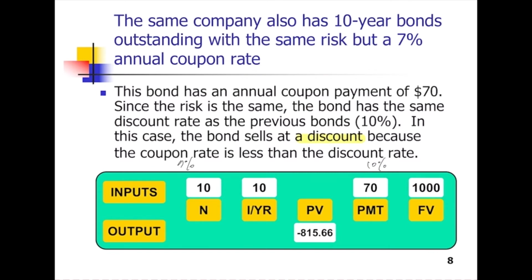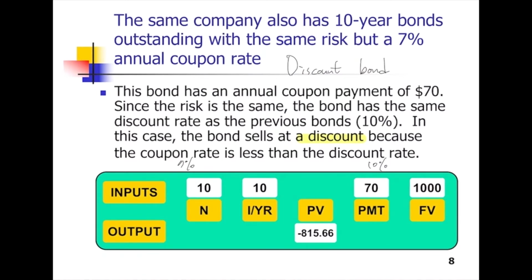So we call this type of bond a discount bond. In Korean, 할인 채권. Investors require 10% because the discount rate can be interpreted as the required rate of return, right? But the bond only gives a 7% coupon.